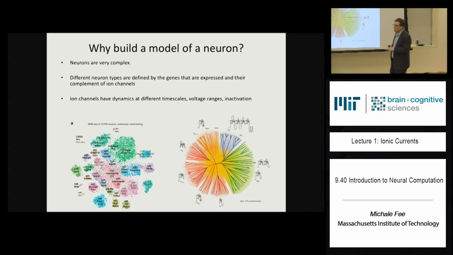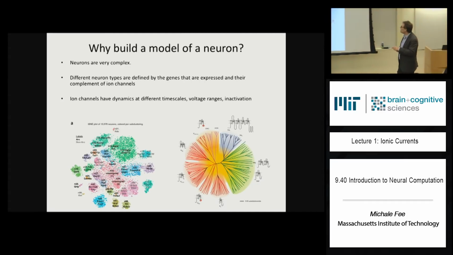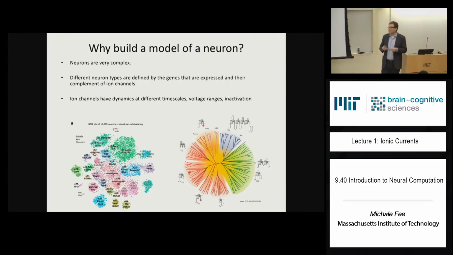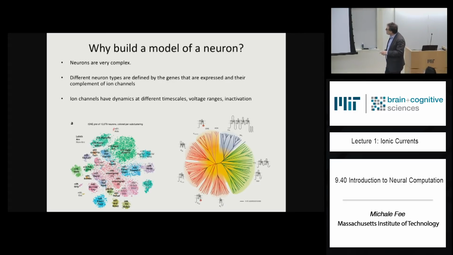Now, what are those different genes? Many of those different genes are actually different ion channels, and there are hundreds of different kinds of ion channels that control the flow of current across the membrane of a neuron. This is a diagram showing different potassium ion channels, different calcium ion channels. You can see they have families and different subtypes.